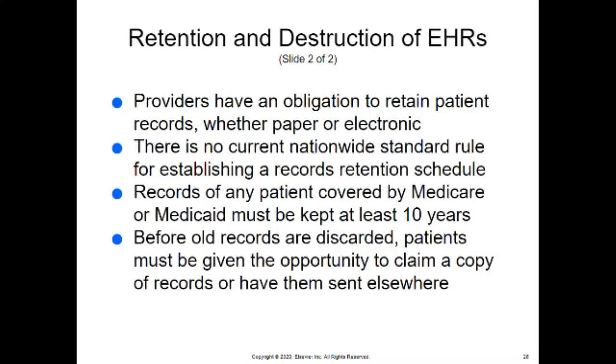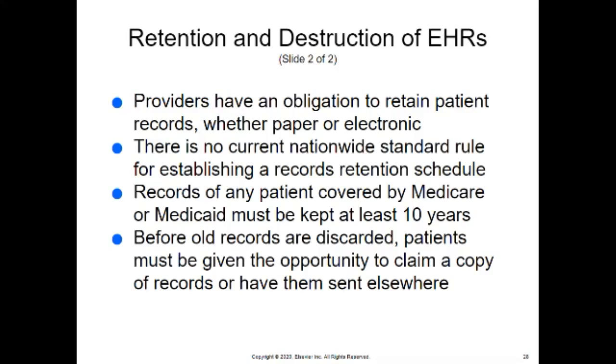Okay, so retention and destruction of EHRs continued here. Providers have an obligation to retain patient records, whether paper or electronic. There is no current nationwide standard rule for establishing a records retention schedule. Records of any patient covered by Medicare or Medicaid must be kept for at least 10 years.